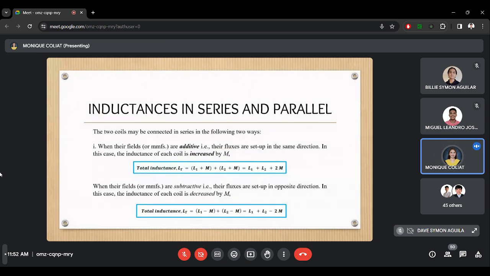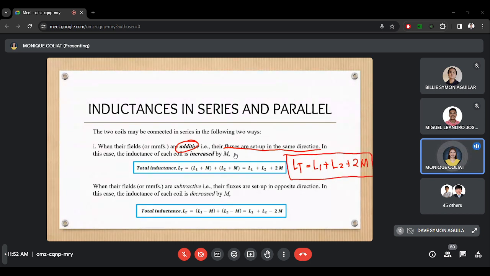Okay, so inductances in series and parallel. Two coils may be connected in series in the following two ways. First is when their fluxes are set up in the same direction, which is additive, and the inductance of each coil is increased by M. That means your total inductance equals L1 plus L2 plus 2M, or two mutual inductances.